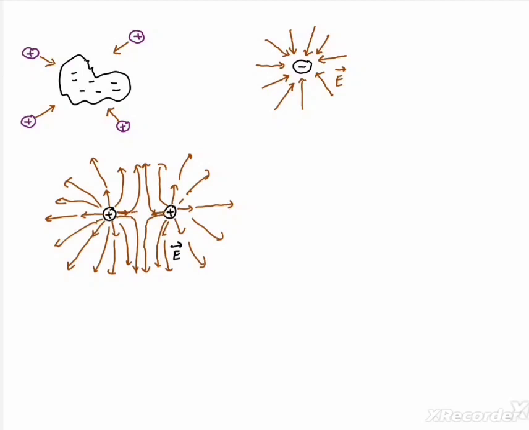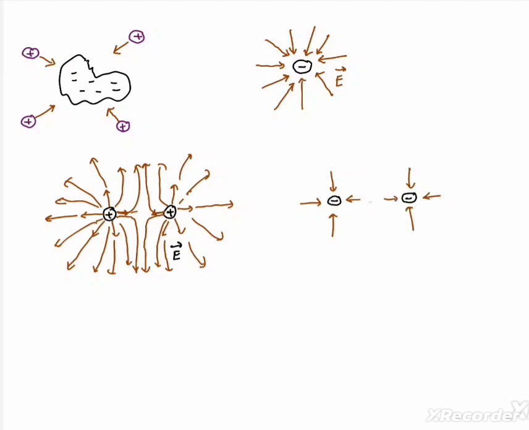Now what if we have two negative charges? So let's have a negative charge and a negative charge. So as we know, for negative charges, our arrows are inward. So they come like this. But what happens when they are closer?